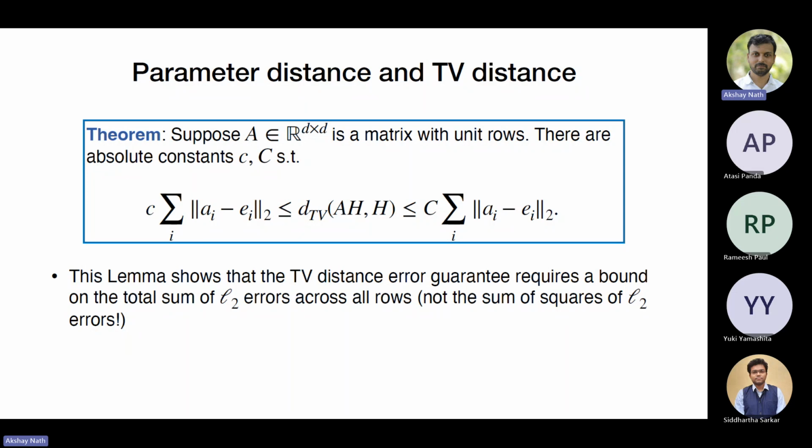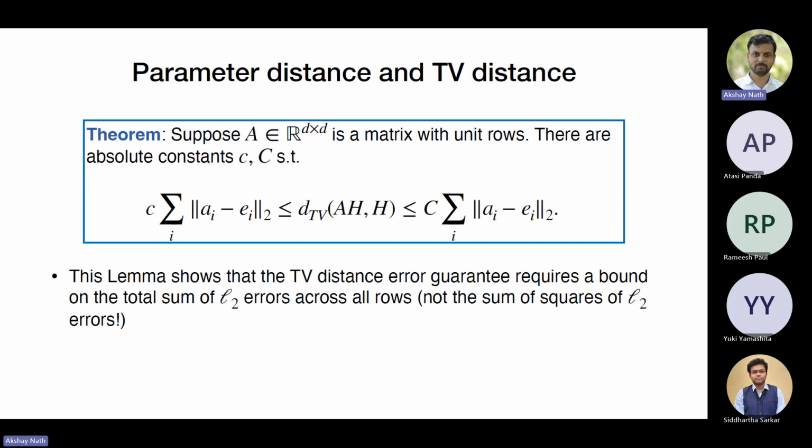But you can see this is not any commonly used metric. It's the sum of the L2 norm of each row. This is not the Frobenius norm or any other. Is there a way to connect it to those metrics?